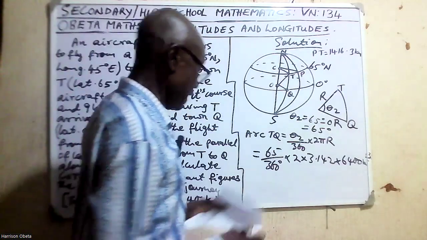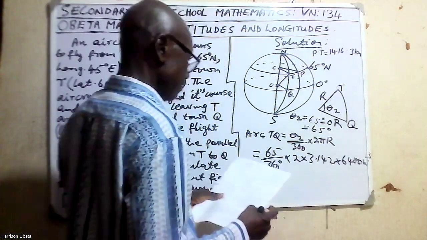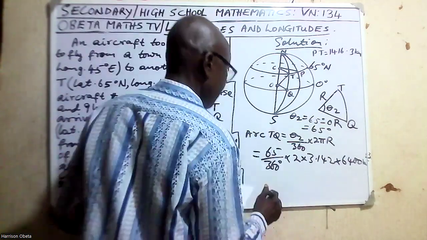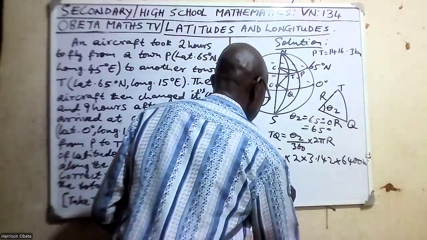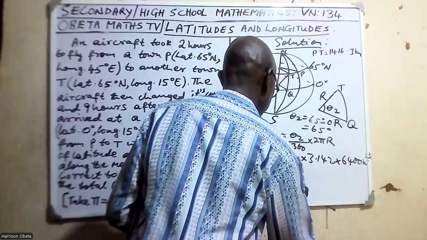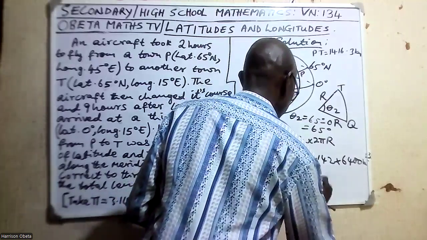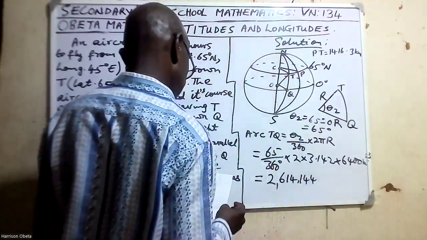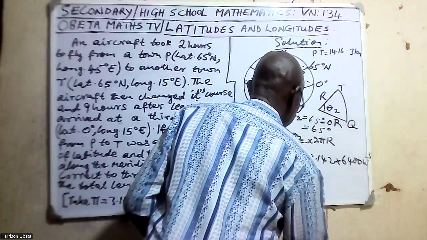So we multiply out, and after multiplying this, that will lead us to 614,144. We are dividing by 360.